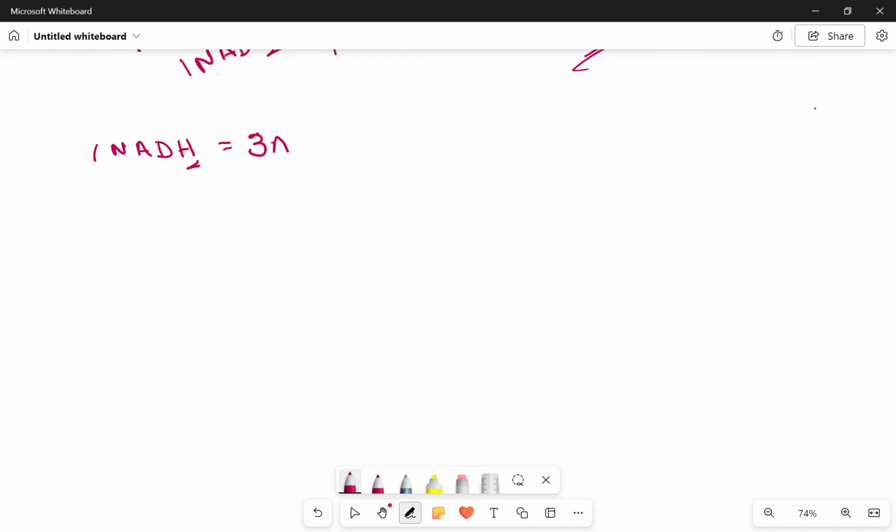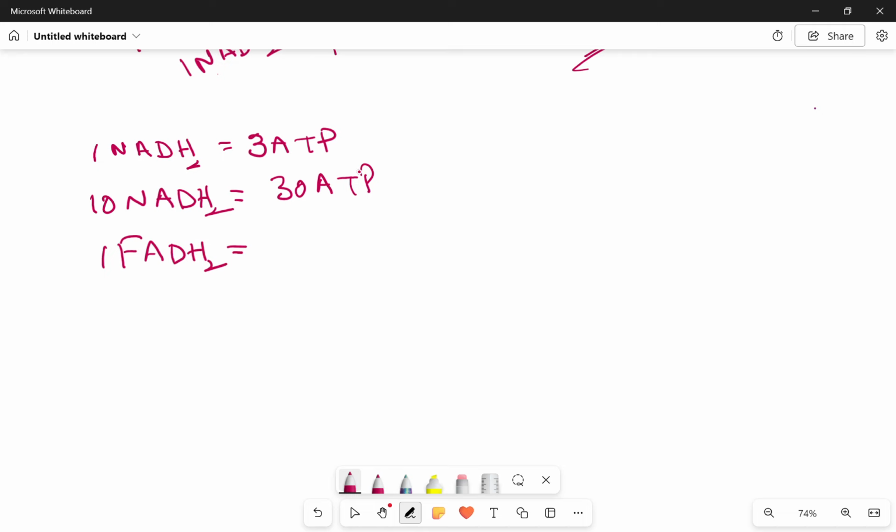1 NADH2, 3 ATP. How many do we have? 10 NADH2. So, 30 ATP. And 1 FADH2 is equal to 2 ATP.